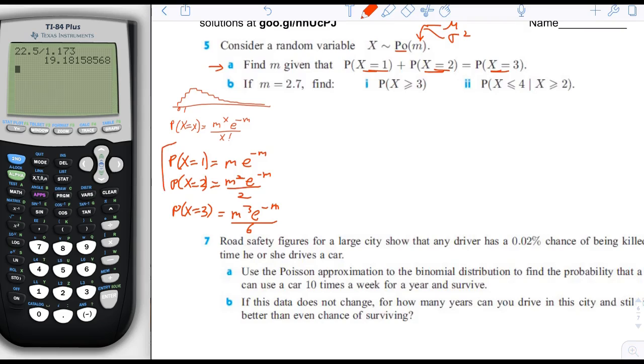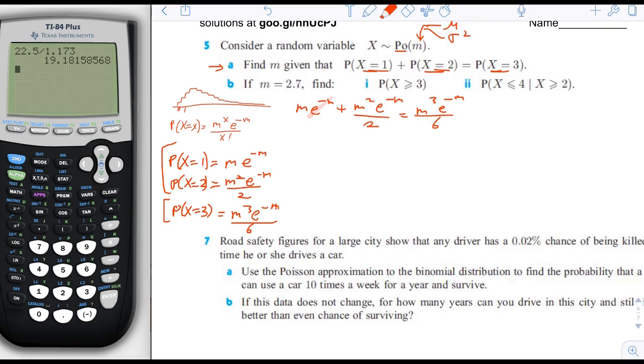So we're going to add these two together and make it equal to that. So m e to the negative m plus m squared e to the negative m divided by 2 equals m cubed e to the negative m divided by 6.